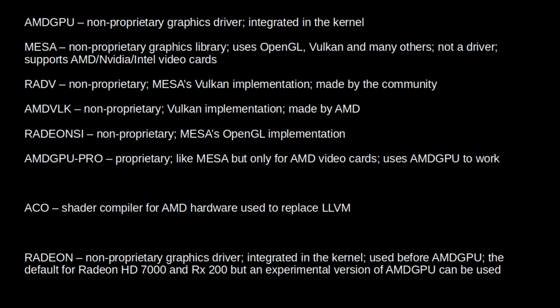For the most part, it seems like the default non-proprietary options are the best, which is AMDGPU and Mesa with RADV, and ACO can only make things better. So since you have AMDGPU in the kernel by default, you don't really have to do anything once you have your distribution installed.